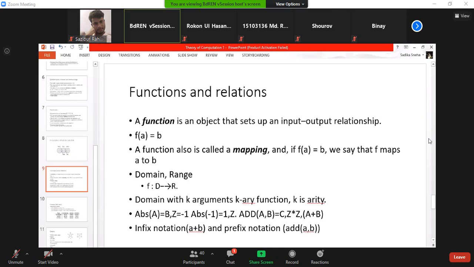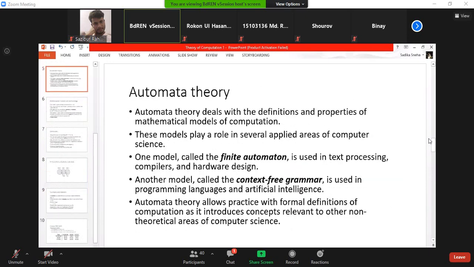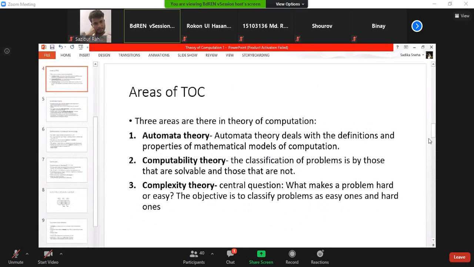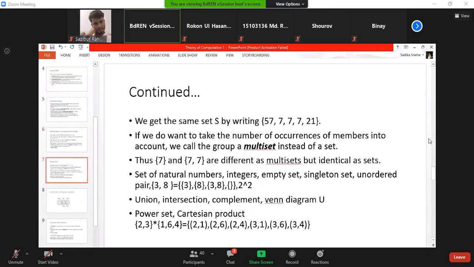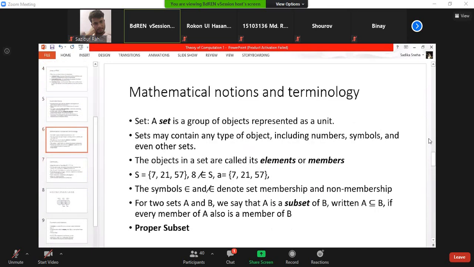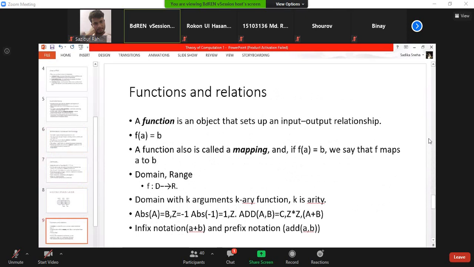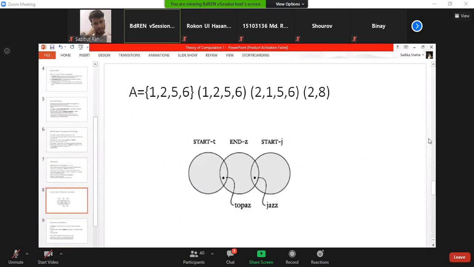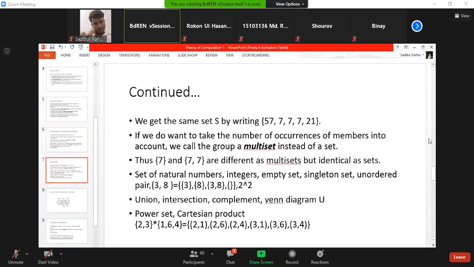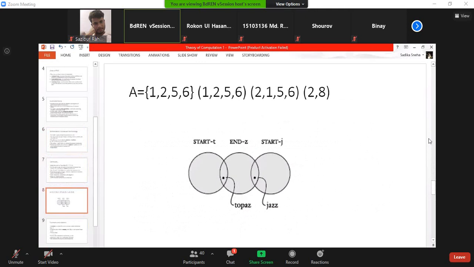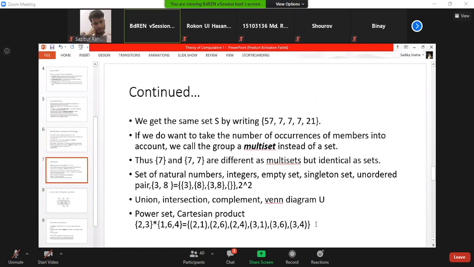After that we started to learn some mathematical notations that will be needed while we study the theory of computation. We are done with the set part. Now we are learning the function part. We have seen some portions of functions, and the application of Venn diagrams with some parts of it. The part on sequences is not written, so don't miss that.